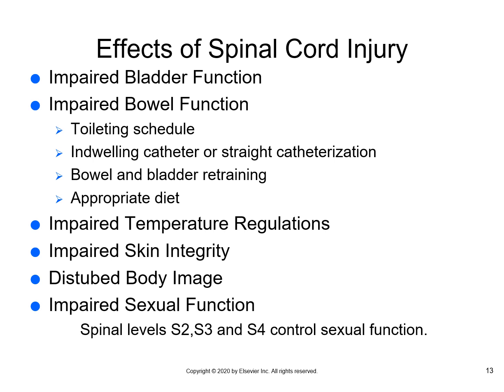So our goal is to educate them and make sure that we're there for support and education. If they need assistance, then we will give them assistance. Otherwise, we can educate them and train them on how to do a self catheterization. Then we can also do bowel and bladder retraining and help them with an appropriate diet.